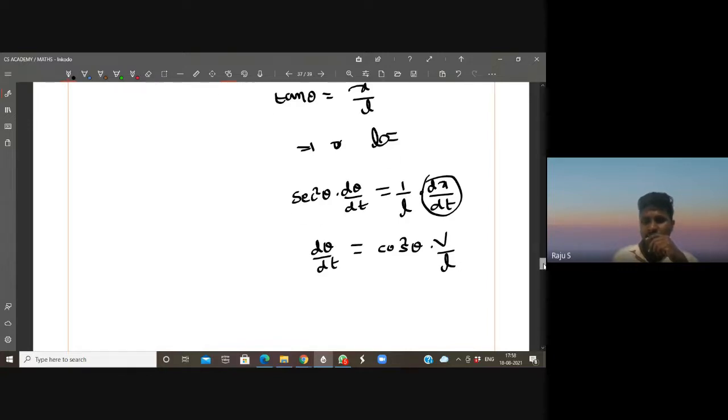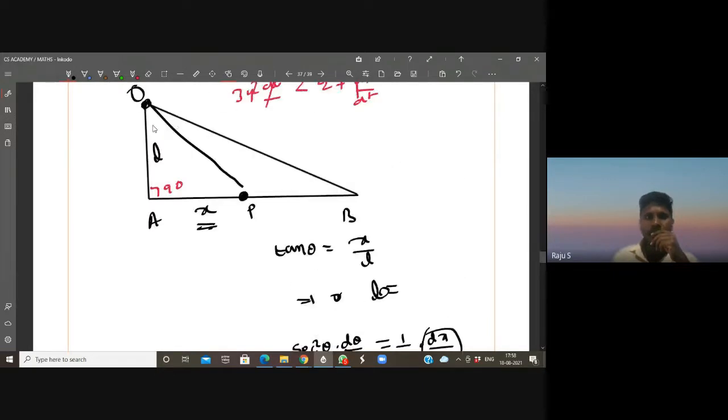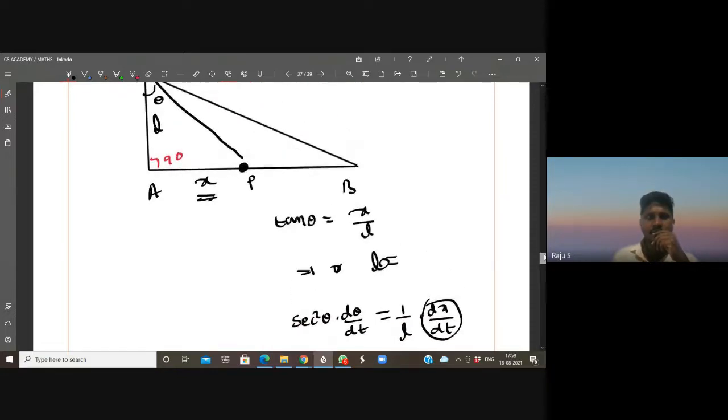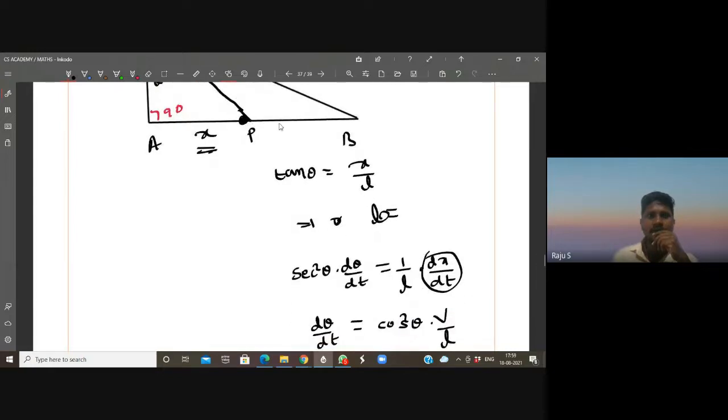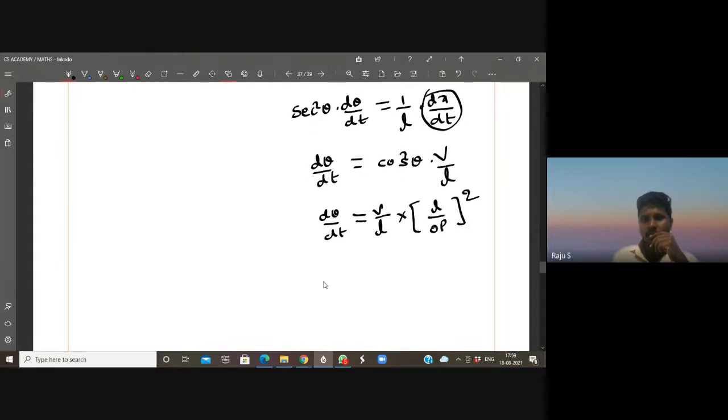Now d theta by dt is equal to v by L times cos square theta. With the help of the right angle triangle, tan theta is opposite by adjacent and cos theta is adjacent by hypotenuse. Adjacent is L, so cos square theta is L by OP, the whole square. So d theta by dt is v by L into L square by OP square.